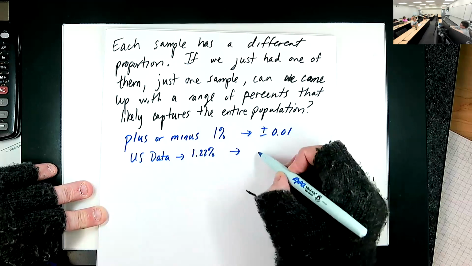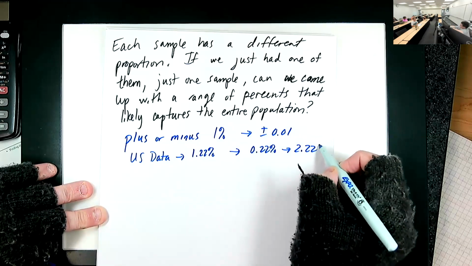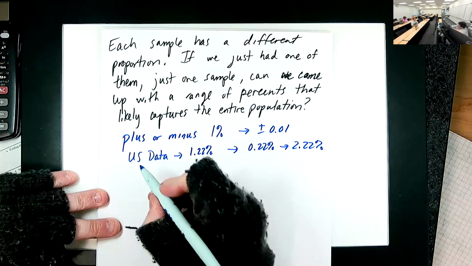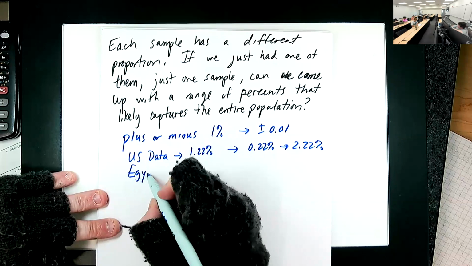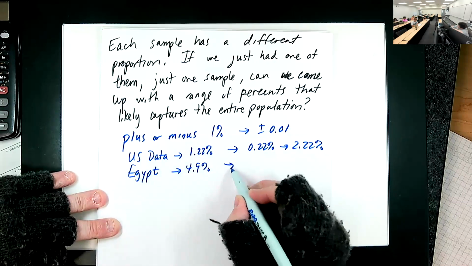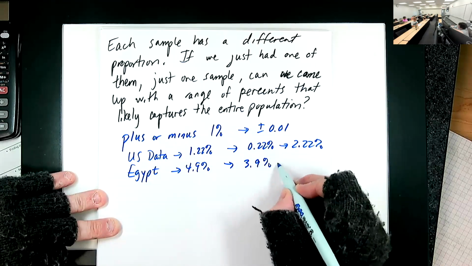So the range would have been 0.22% to 2.22%. If we had only Egypt's data, they were at 4.9%. So we would have said 3.9 to 5.9%.